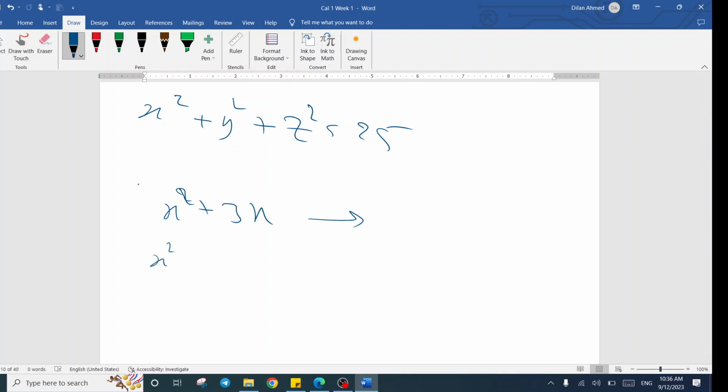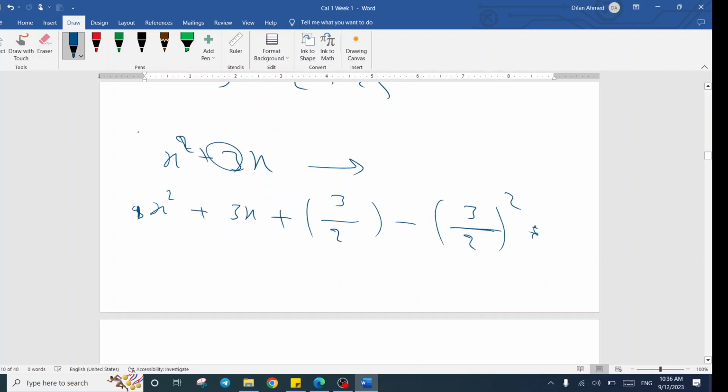Because here is 1, thank God, I say 3x, plus and minus the square of b over 2. B is 3, so I will get 9 over 4. Do you agree with me? Good.